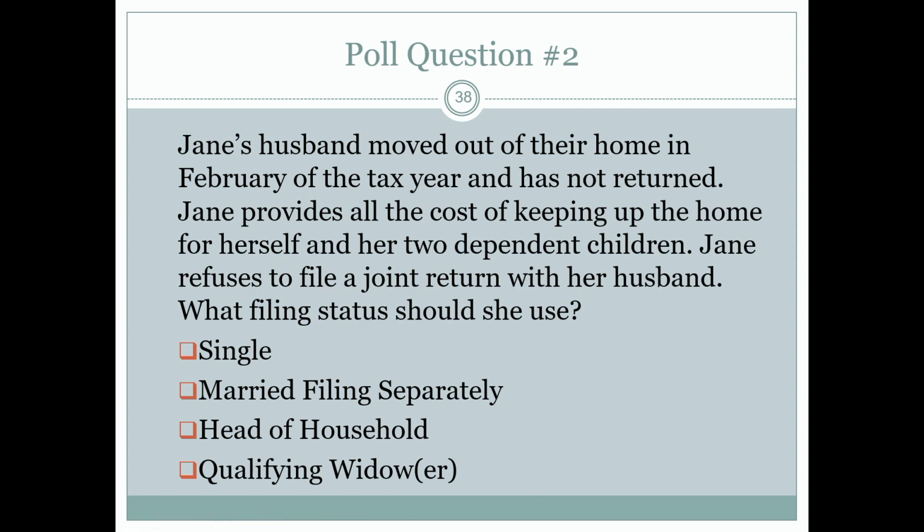And keep in mind that there may be several that she could use, but we want to decide which one is the most advantageous for her. Which one is going to cause her tax to be less on her tax return. So we'll take a moment, let you think about that, possibly go back through some of the slides to figure out which would be the most advantageous for her that she does qualify for.